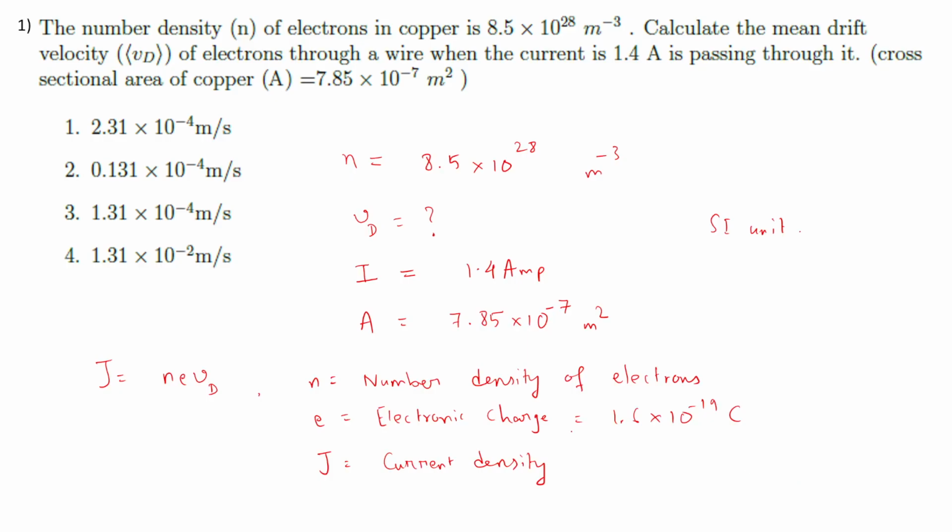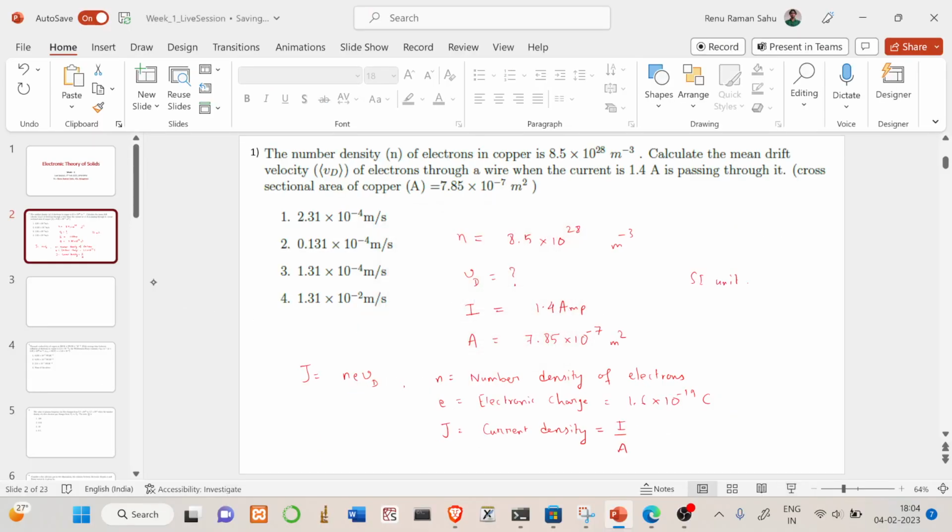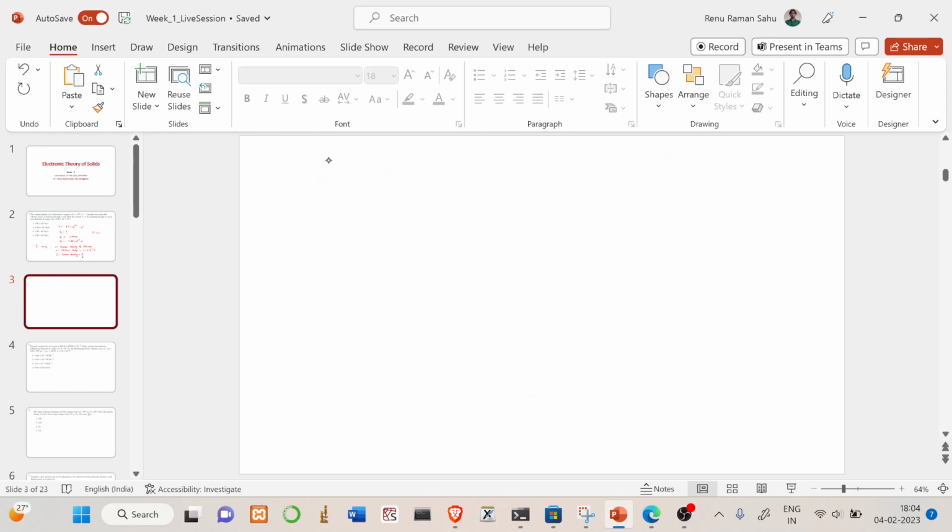Now how is the current density given? It is given by I over A. So J is equal to I over A, and this is equal to nevd.